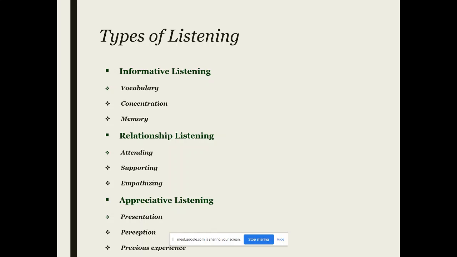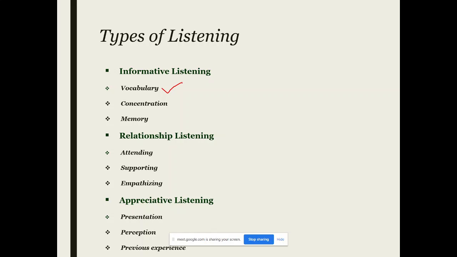The first type is known as informative listening. The purpose of this kind of listening is to gather information, and there are some very important skills we need to understand in case of practicing informative listening. The first skill to remember is vocabulary.